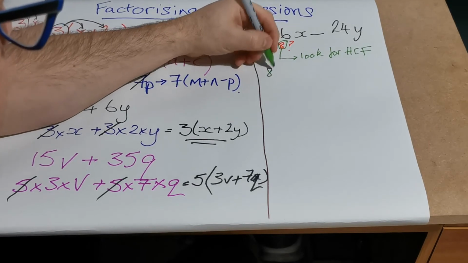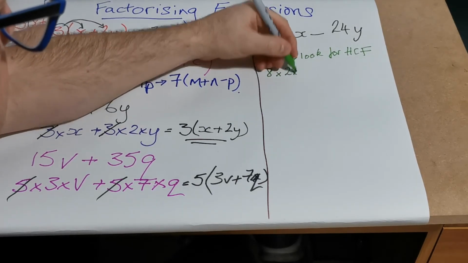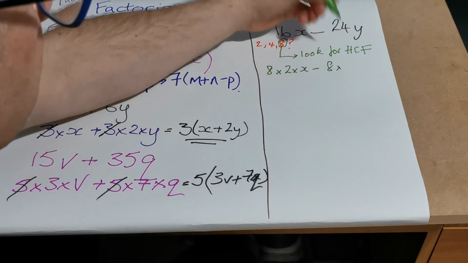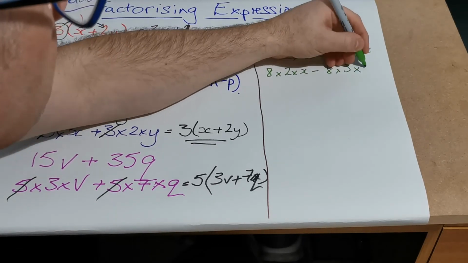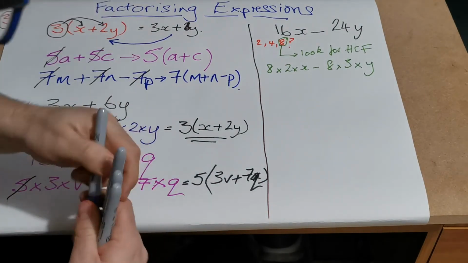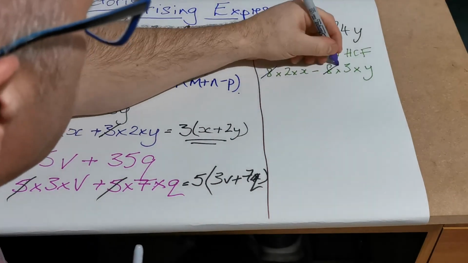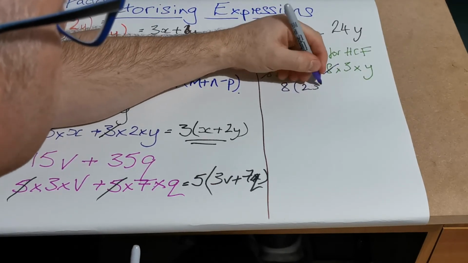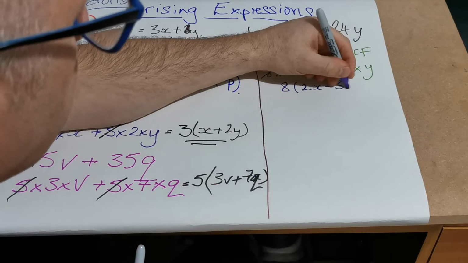So I can say this is 8 times 2 times x, take away 8 times 3 times y. The common factor is the 8, so that comes outside the bracket to leave me with 8(2x - 3y).